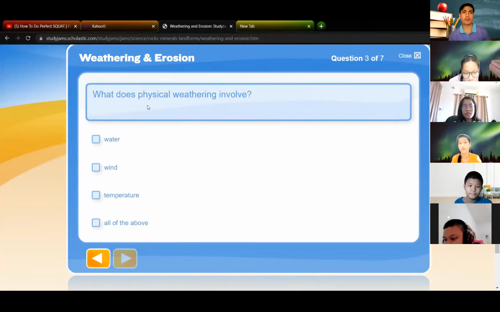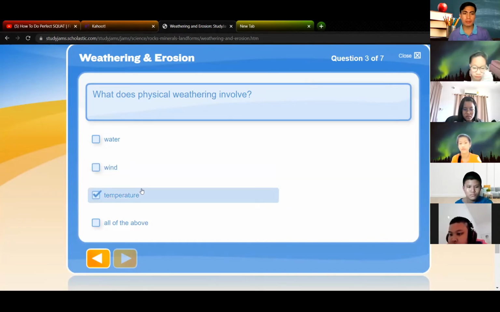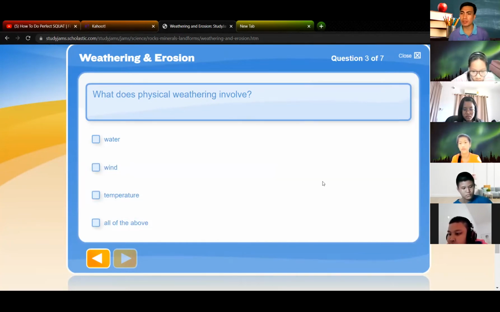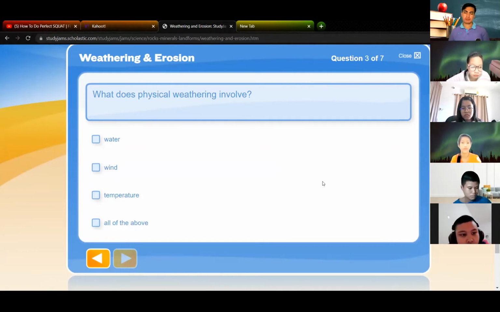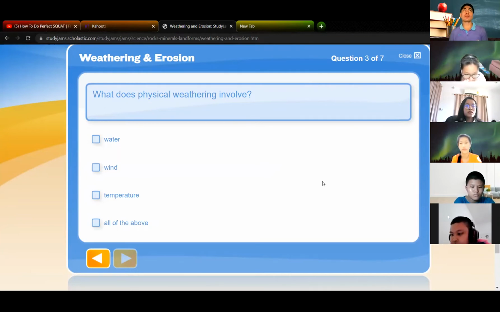Next item here. What does physical weathering involve? Water, wind, temperature, or all of the above? Putisan? We discussed this one like physical, chemical, and biological, right? So the chemical weathering is all about acid rain.